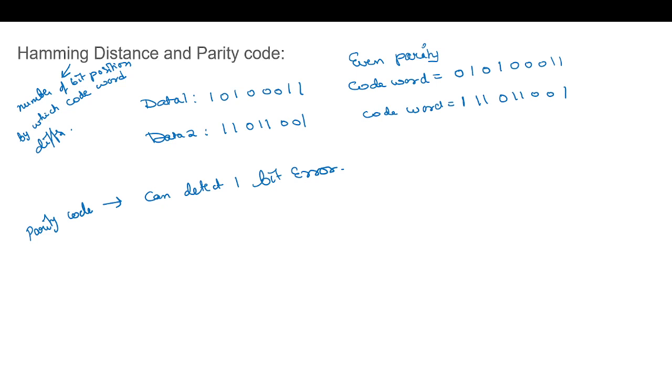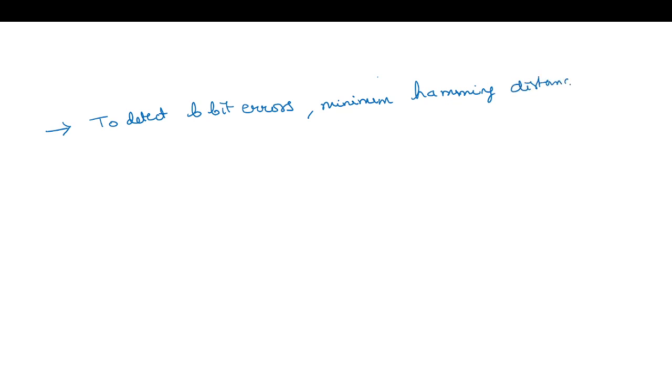And we have some general formulas. To detect B bit errors, the minimum Hamming distance d min should be equal to B plus 1.